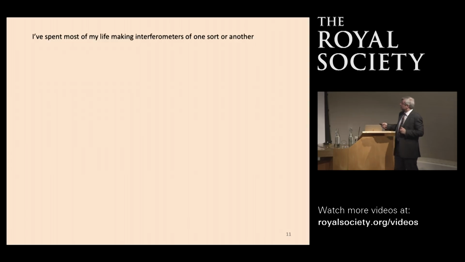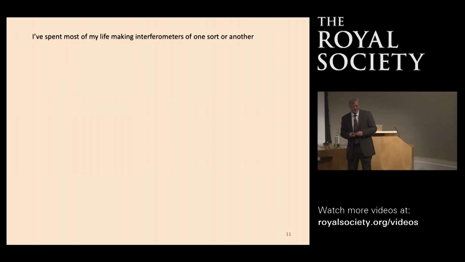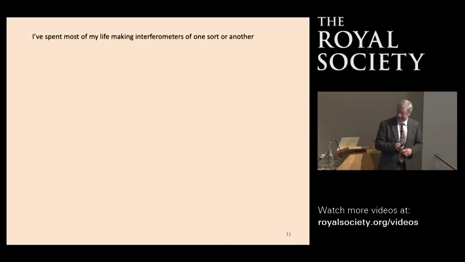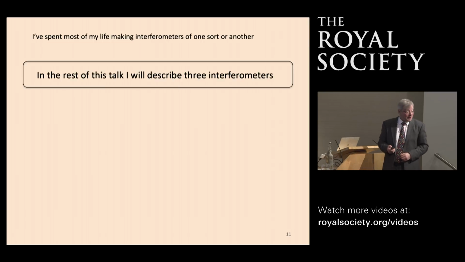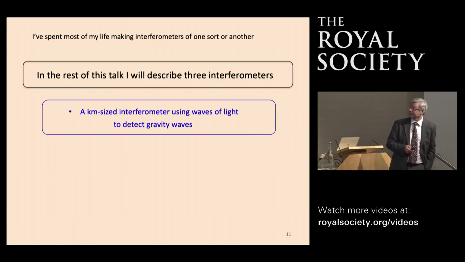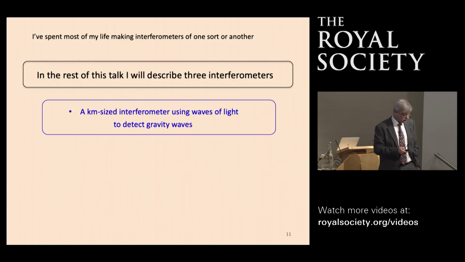Oh, by the way, I've spent most of my life making interferometers of one sort or another, so it will not surprise people who know me that I want to talk about interferometers. They're quite wonderful. In the rest of this talk, I'm going to tell you about 3 interferometers. I'm going to tell you about a kilometer-sized interferometer using light waves to detect gravity waves. That's the first one.